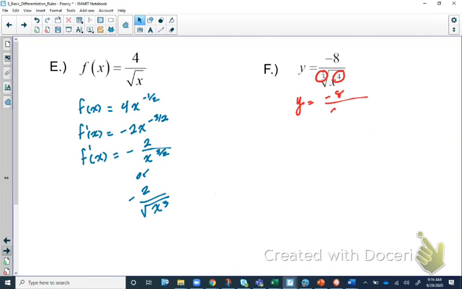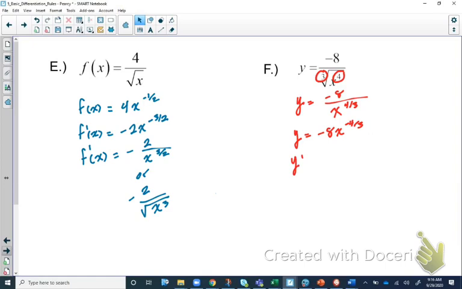So that will give me x to the 4/3 power, just to remind us how we convert a radical to an exponent. Now I can move it to the numerator, and I'm going to get negative 8 times x to the negative 4/3, and run it through the process again.